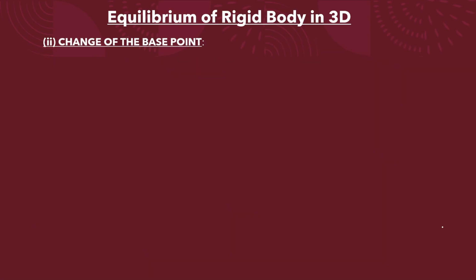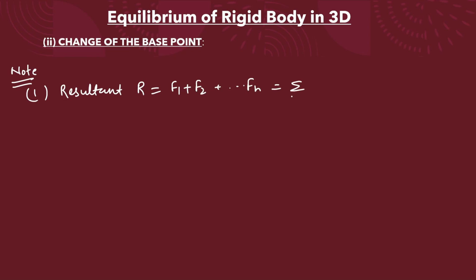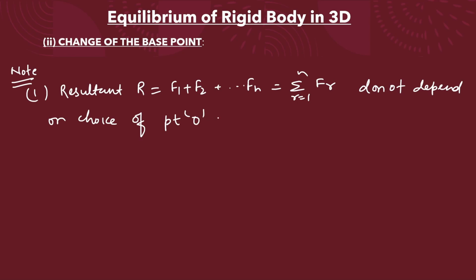What we have to remember here is, note, first, the resultant R, that is R equal to F1 plus F2 plus up to Fn, equal to the summation of Fr, r equal to 1 to N, does not depend on the choice of point O, that is the base point.